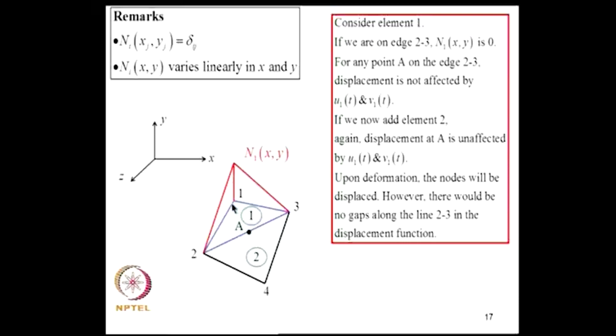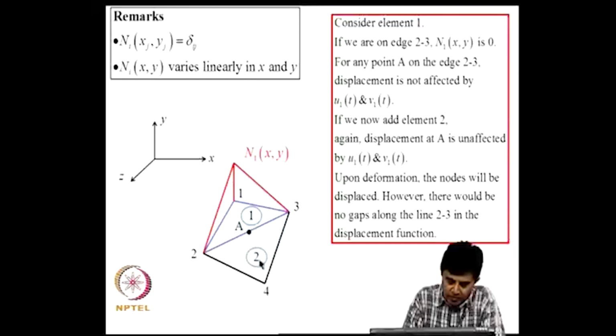Now, let us add another element 2 to this. By a similar argument, A belongs to both element 1 and 2 because it is on the common boundary. If I look at u from the perspective of element 2 and from the perspective of element 1, what happens? That is the question I am trying to answer. From the perspective of element 2, the displacement field anywhere here is given in terms of nodal values at 2, 3 and 4.